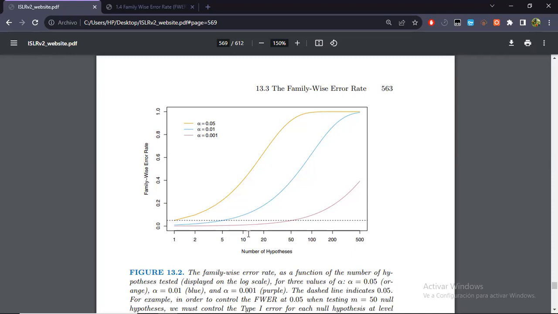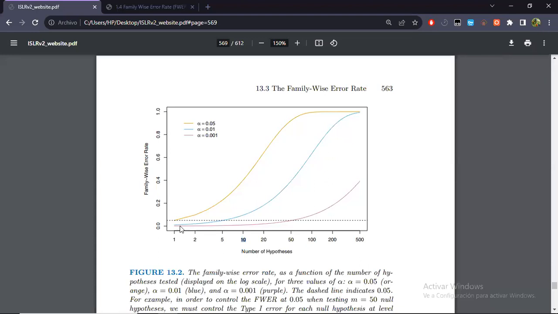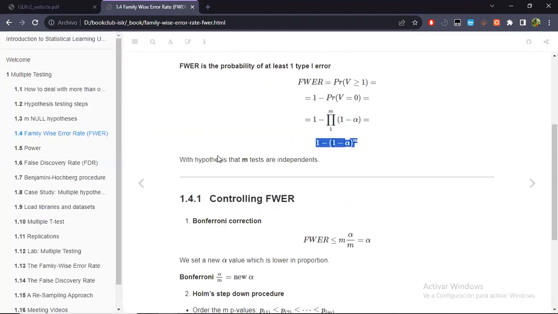And now we do see that, for the same number of hypotheses, so 10, the family-wise error rate is pretty small. I would think almost 0. That is the main idea. So now we are limiting the number of false positives that we would encounter in this multiple testing scenario.